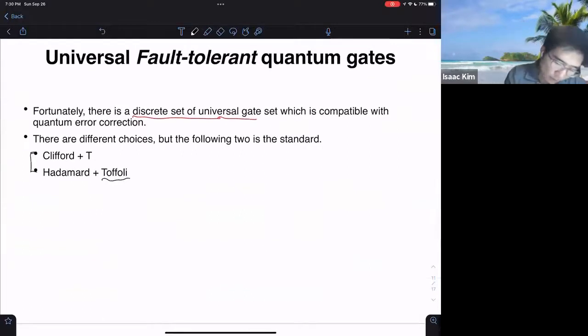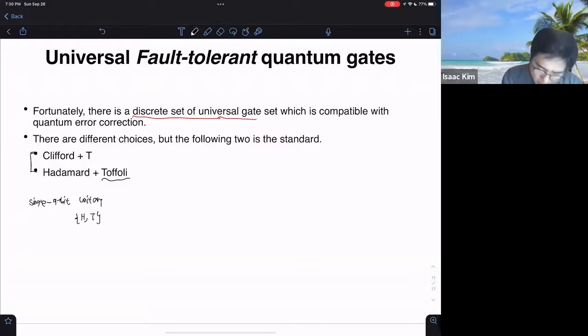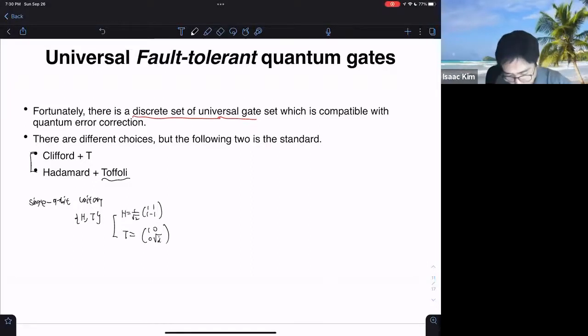So for a single qubit unitary, it is known that, let's say we have two gates, H and T, where H is a 2x2 matrix, and T is again a 2x2 matrix. Both are unitary operations.